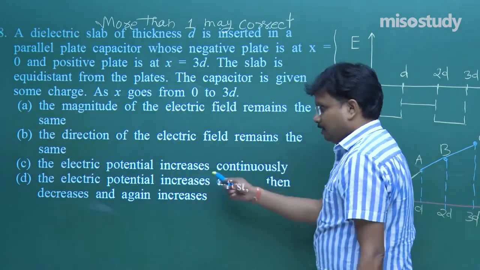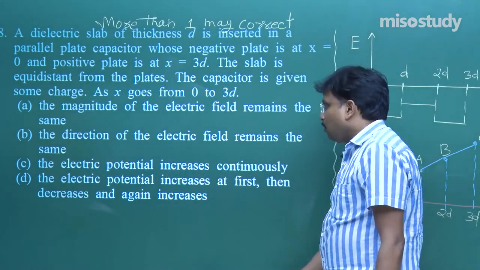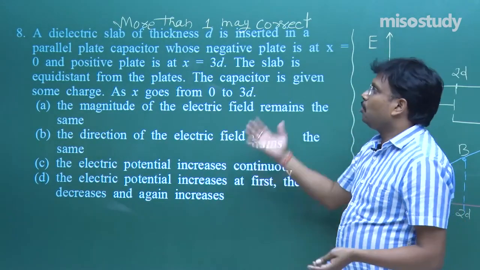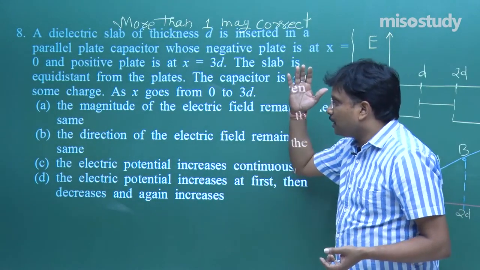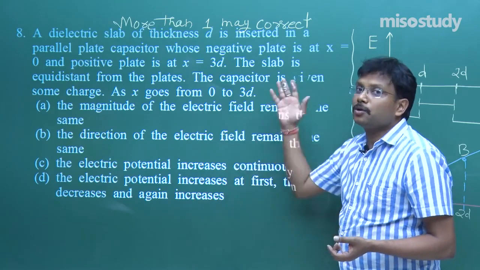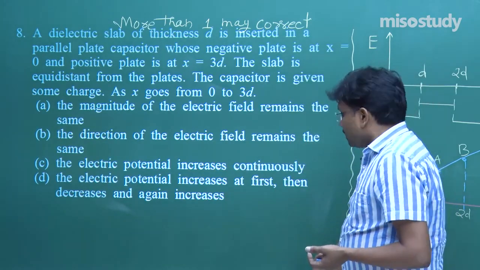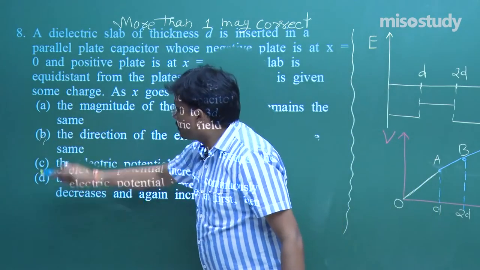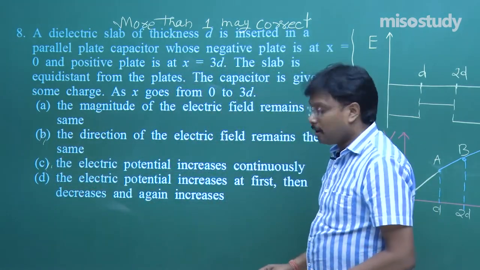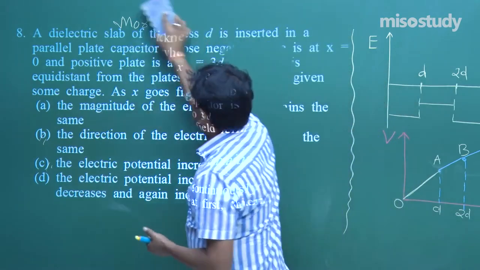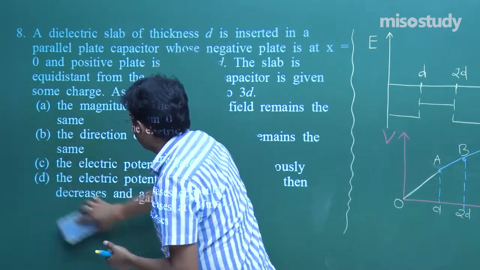Yes, it is increasing continuously. So now both ways I tried to explain why you should not consider one option and why you should consider another option as correct. So from here you can say B and C, both are correct. Now, let us move ahead to the next problem.